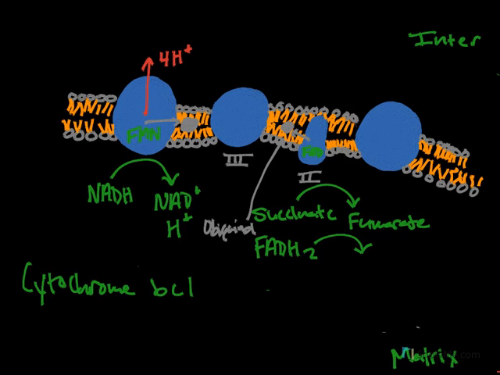Very similar to our cytochrome B6F in the light-dependent reactions of photosynthesis. So cytochrome BC1 will catalyze a transfer of electrons from our ubiquinol carrying molecule to another carrying molecule called cytochrome C. So just like in complex 1, with each pair of electrons that come through our cytochrome BC1, there will be a pumping of protons from the matrix to the intermembrane space.